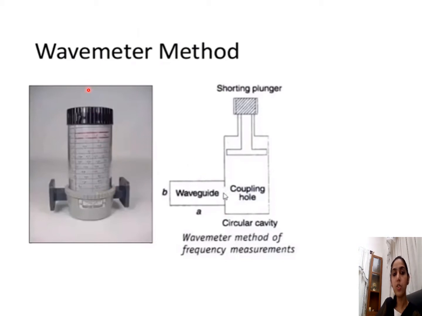So what happens, usually we employ X band of frequency, that is ranging from 8 to 12 gigahertz in a microwave lab. So when our input signal is going to match with this resonant frequency of this particular gap, there will be signal absorption. Okay, so that is why this type of wave meter method, it is also called as absorption type wave meter.